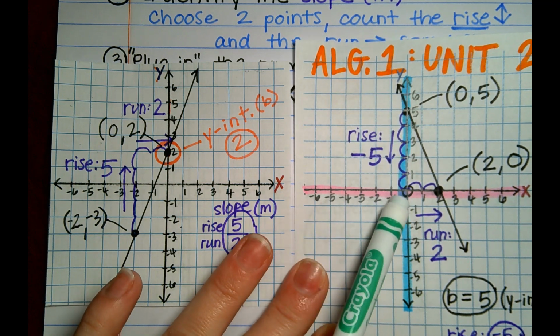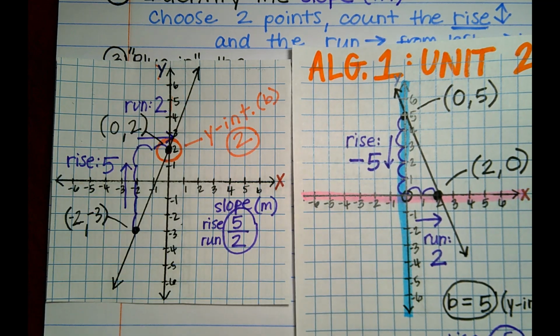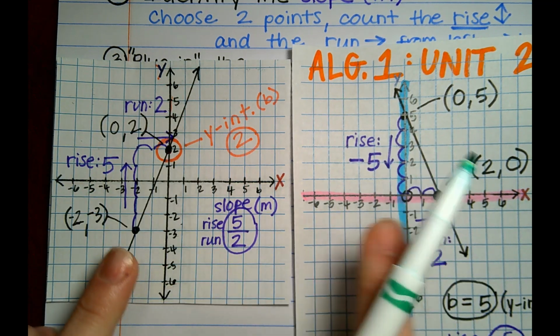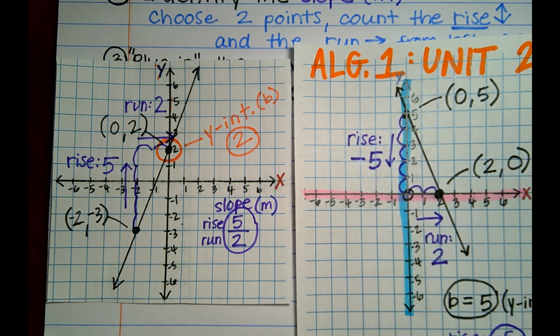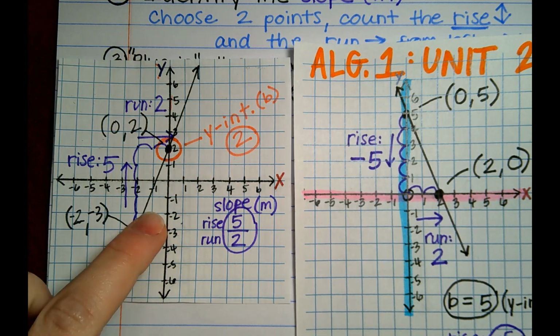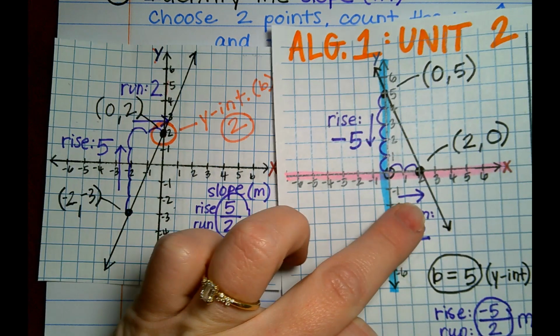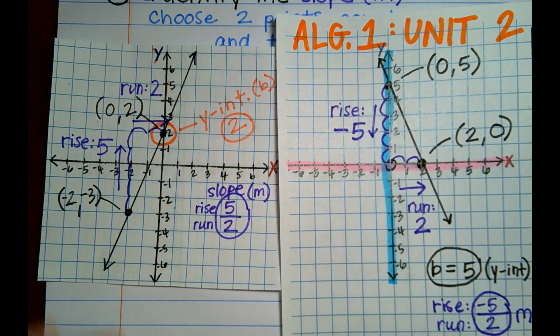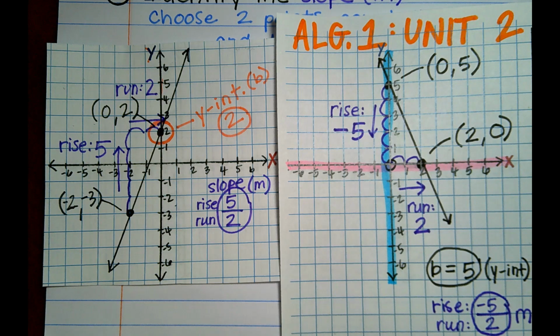You counted the 5 and the 2, and you're like, okay, my slope is 5/2. Do you see how these 2 lines have the same numbers for slope, but one is positive, one is negative? This one is positive 5/2. This one is negative 5/2. We're just doing the opposite.